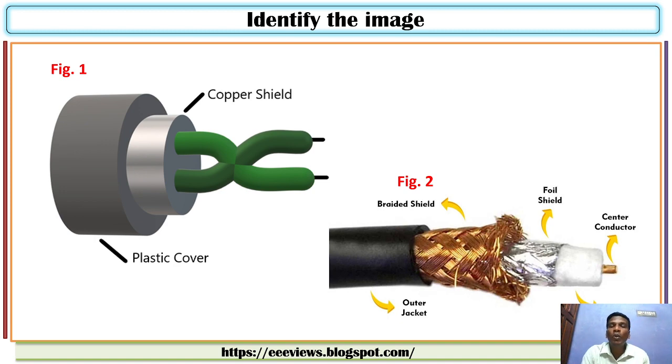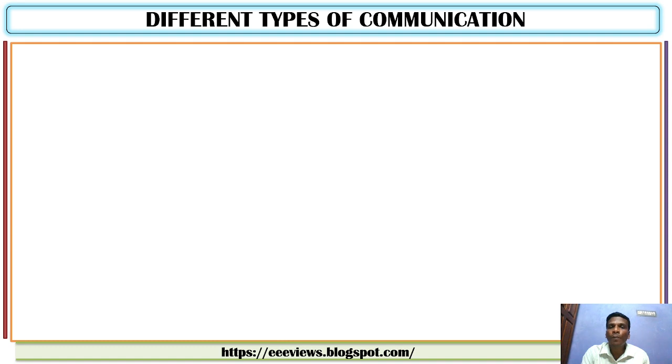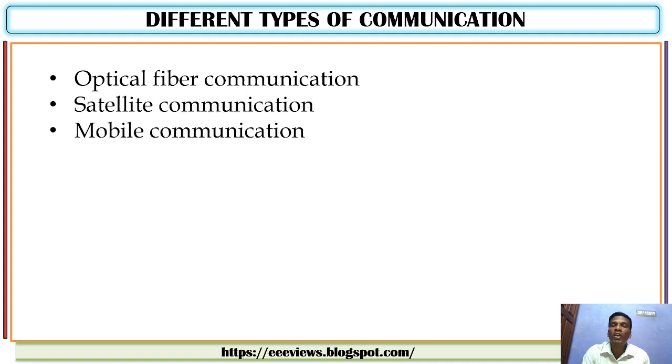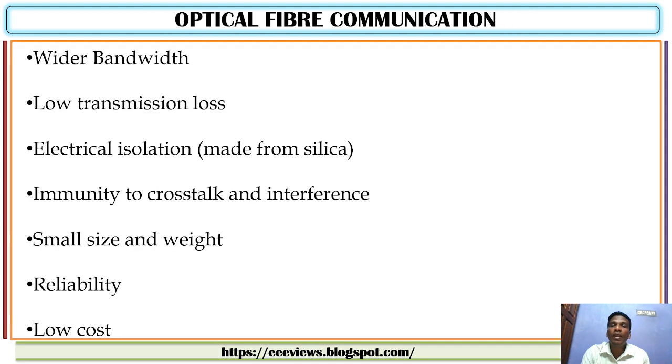We move to different types of communication systems. Mainly we will discuss optical fiber communication, then satellite communications, then mobile communications. Optical fiber communication mainly overcomes the disadvantages of copper wire communication.